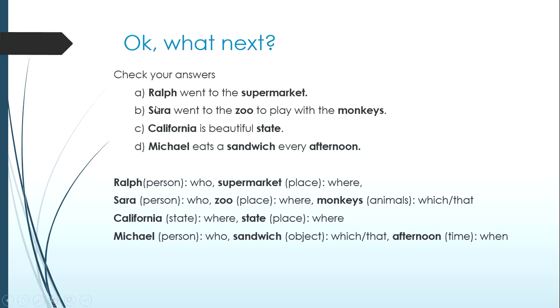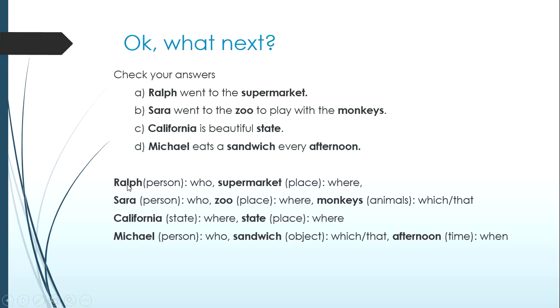So here I've actually bolded the nouns. So check your answers, see if you got them all right. Ralph, supermarket, Sarah, zoo, monkeys, California, state, Michael, sandwich, and afternoon. So after you locate your nouns, you have to figure out what kind of noun they are.